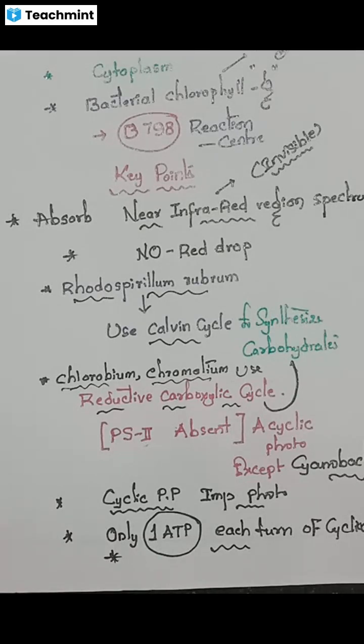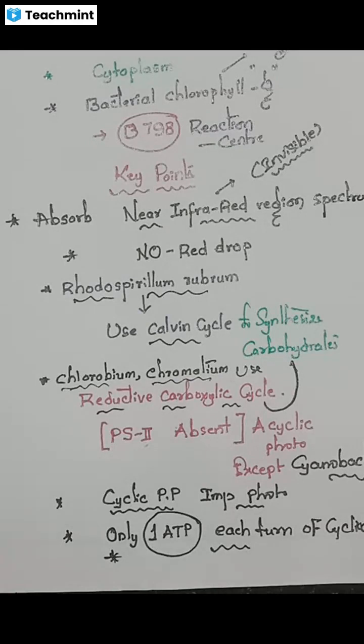In bacteria, photosystem 2 is absent, so there is no acyclic photophosphorylation except in cyanobacteria. Cyanobacteria is the only bacteria that performs acyclic photophosphorylation because of the presence of photosystem 2.